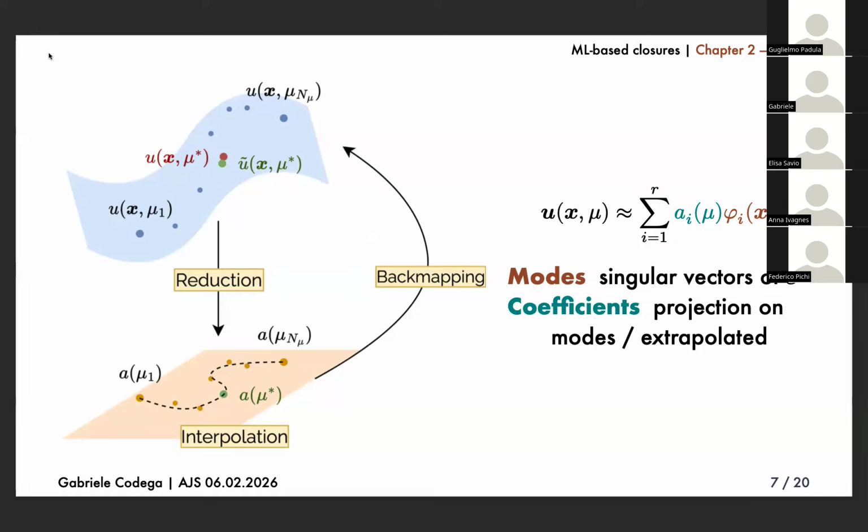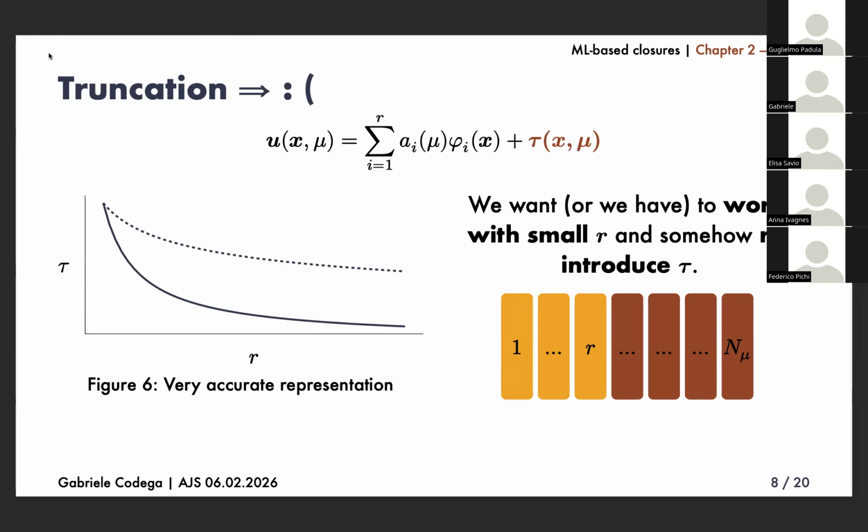And naturally, if you have to pick a finite R, then you're going to have to truncate your sum at some point. Even if, for instance, in principle, you could build a summation with 1 million modes, in practice, you want to work with 10. So the other 900,000, whatever, they are just thrown away, right? So you lose some information.